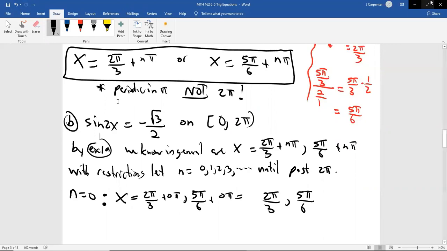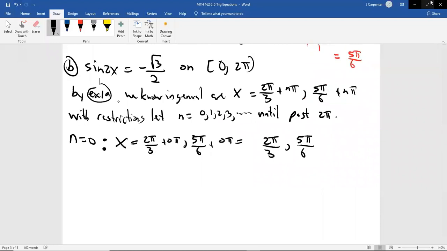Now let's try plugging in n equals 1. So now those n's over here are just becoming ones. We're just running through all possible cases. That's all we're doing. So x equals 2 pi over 3 plus 1 pi and 5 pi over 6 plus 1 pi. Let's get LCDs.